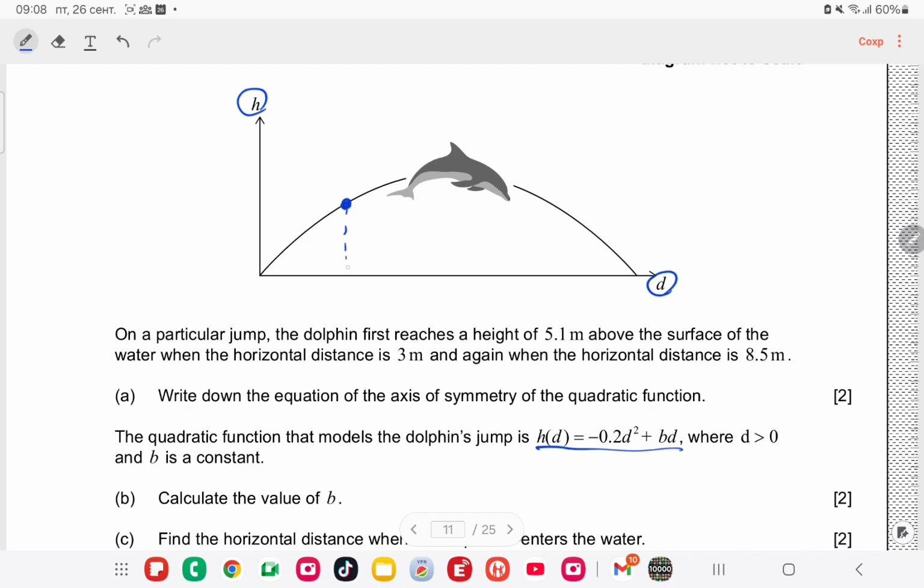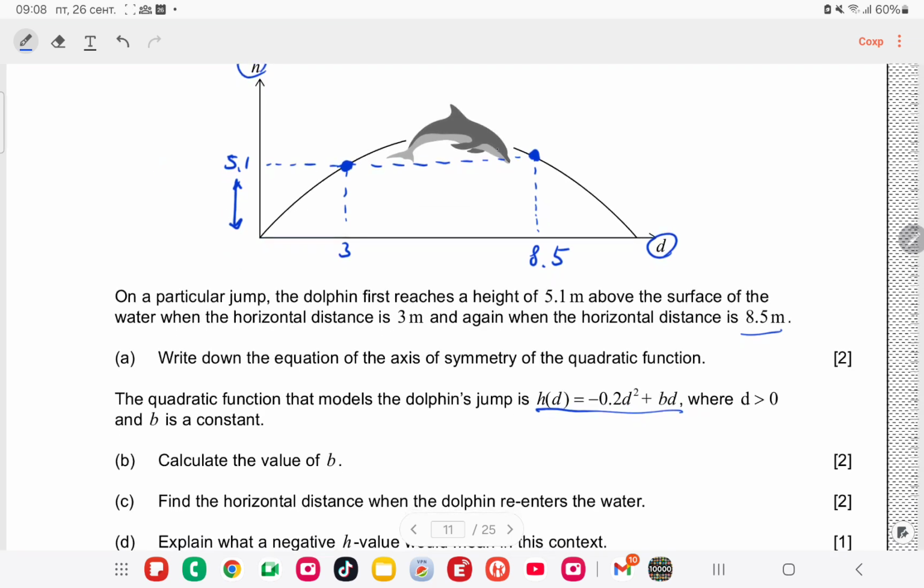So this is 3 and this is 5.1, and again when the horizontal distance is 8.5 meters. So we are talking about the height of 5.1.